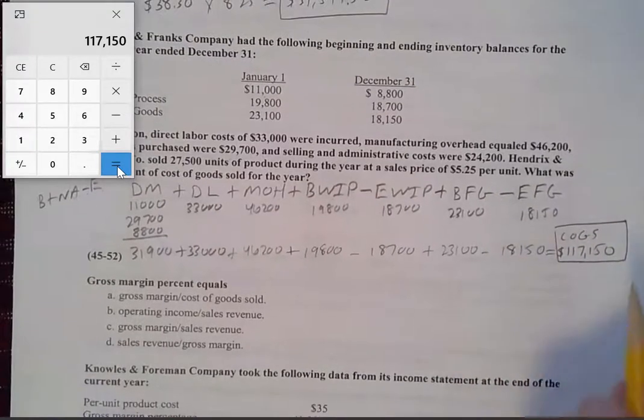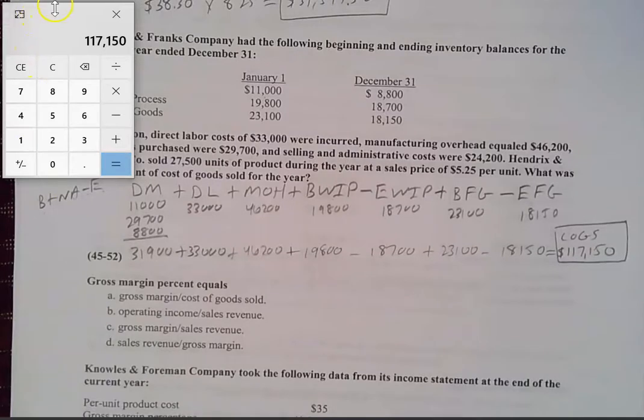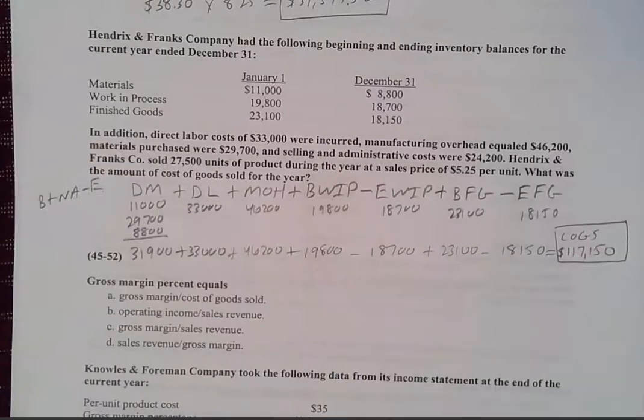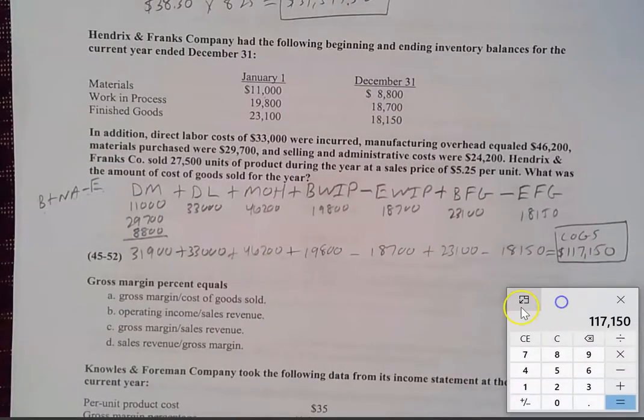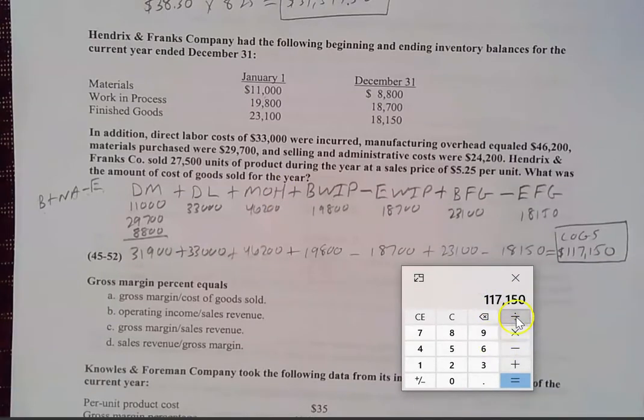Okay, so you can see that we did not need this 27.5 here. If we wanted to determine our unit cost, we could divide this 117,150 by the 27.5, and if we do that, we're going to find that our average cost is somewhere around $4, pretty close to $4.25, I think.